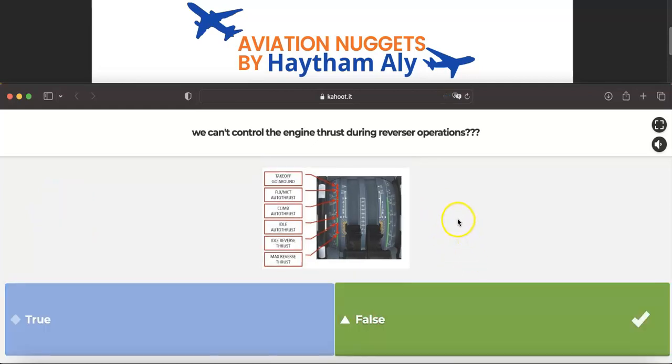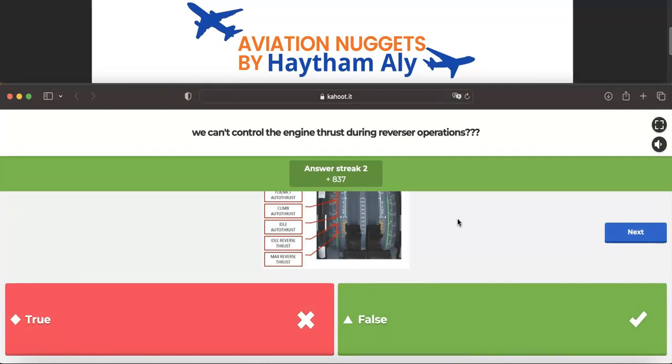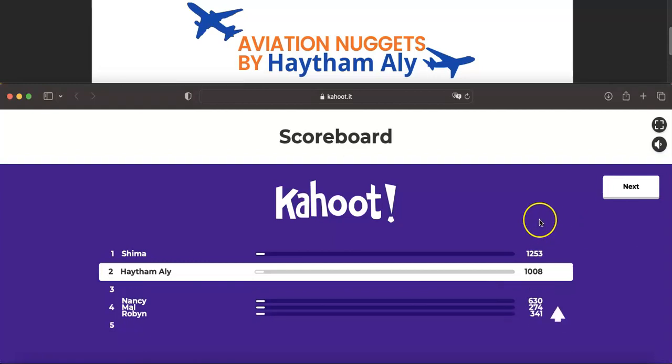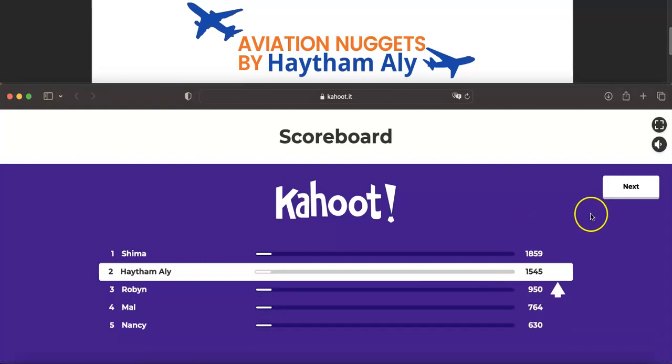Because we take the thrust lever first to reverse idle, then we can take it to a maximum reverse. Now the thrust will increase and the reverse thrust will increase, allowing a high brake efficiency by the engine. Okay, so let's proceed to the next question, everybody.